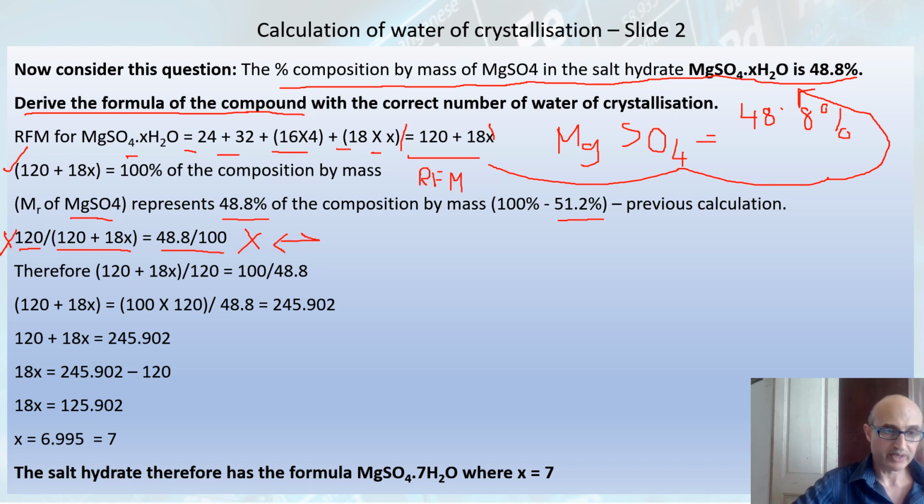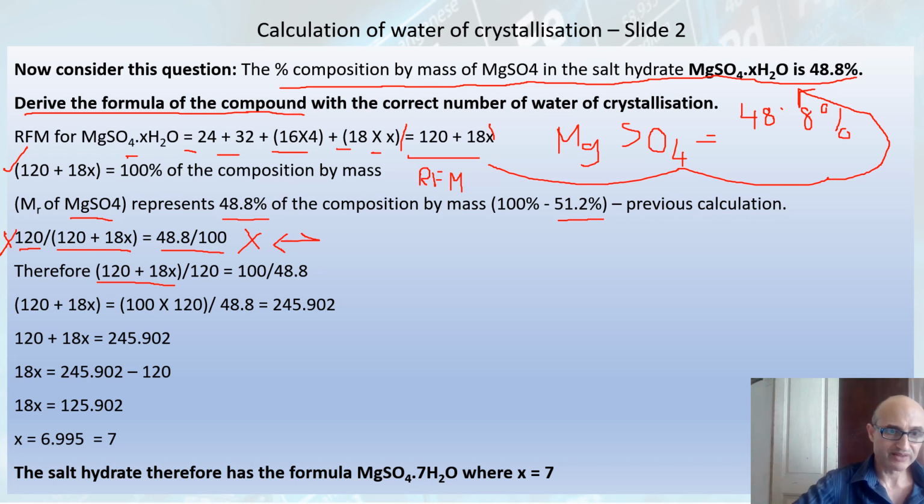I wanted to make 120 plus 18x the subject of my equation, so I flipped them round. It's fair, you can do that, as you should know from your mathematics. So 120 over 120 plus 18x, I flipped around, so I got 120 plus 18x all over 120. Likewise, I did on the other side. Since I did it on the other side, the calculation is correct. The 48.8 on 100, I flipped around to get 100 on 48.8.